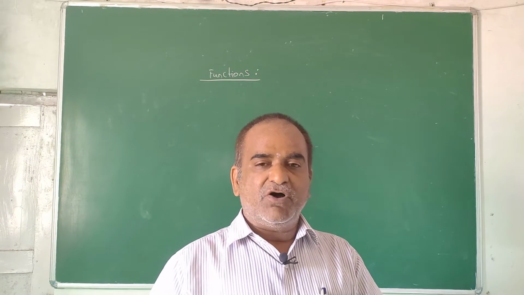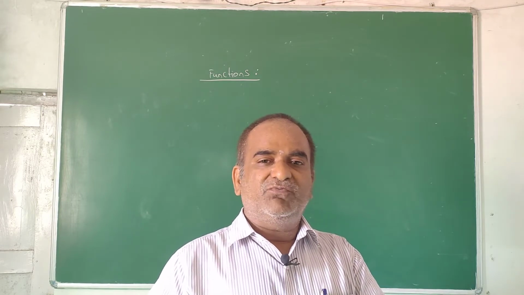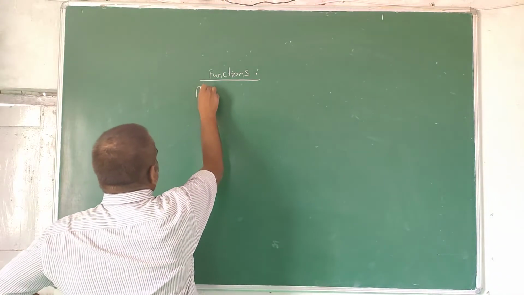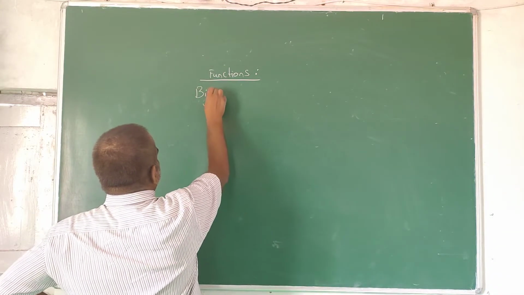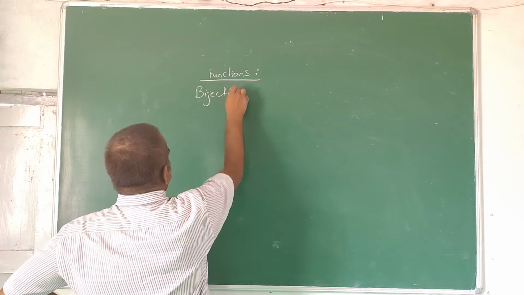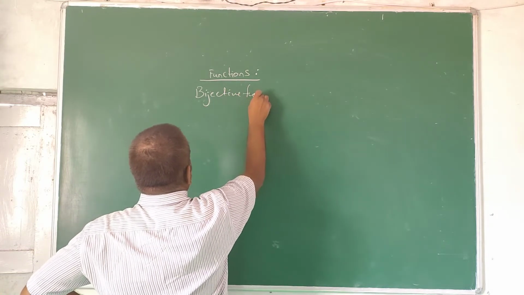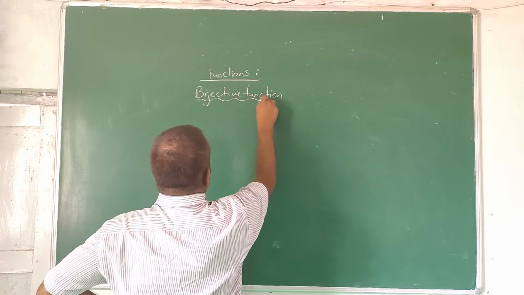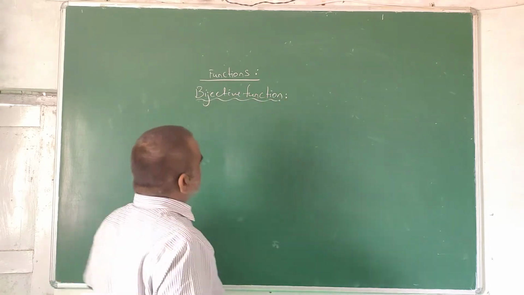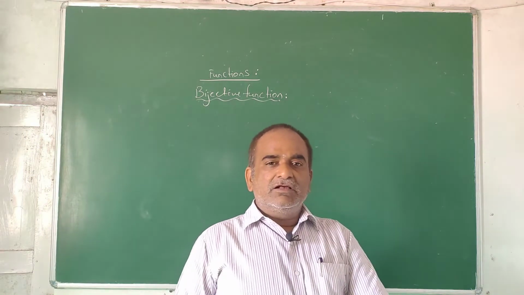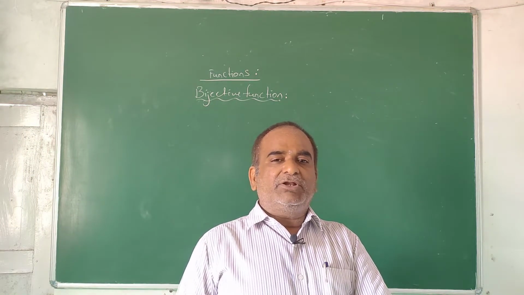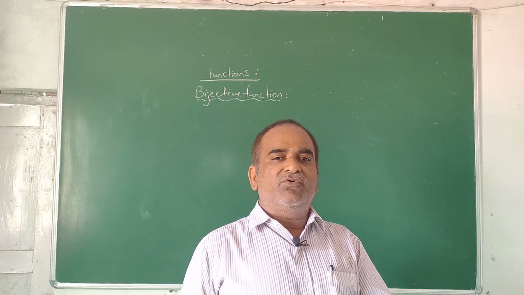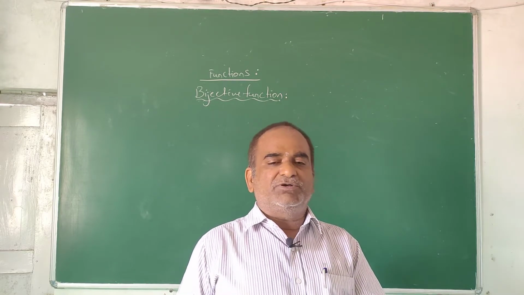Coming to the next point, bijective function. A function f from A to B is said to be a bijective function if it is both one-one and onto function.